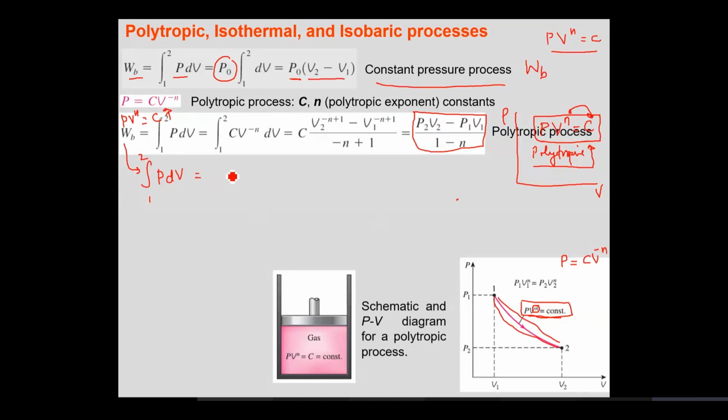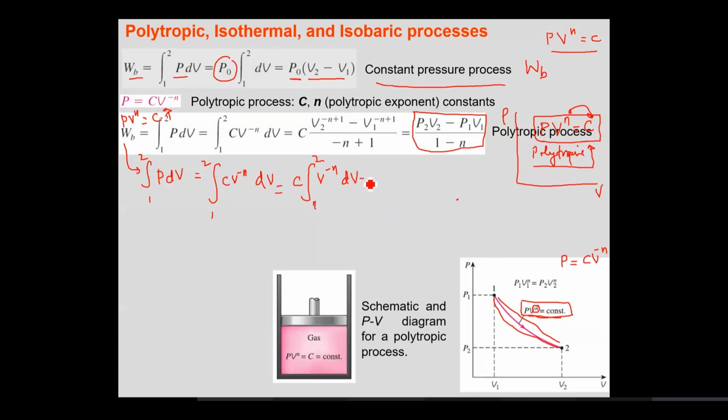So we can plug in from 1 to 2, instead of pressure, C V to the power minus n dV, which is the total boundary work done. Now, since C is the constant, I can bring it out of the integral. C is out, and now we have to integrate V to the power minus n dV from 1 to 2, which is the boundary work.